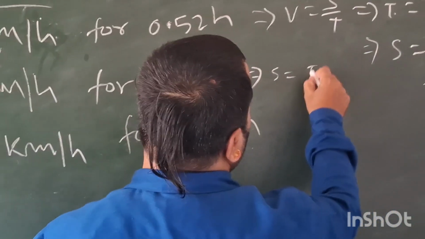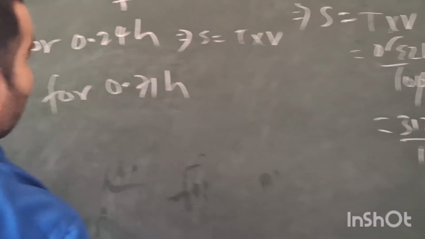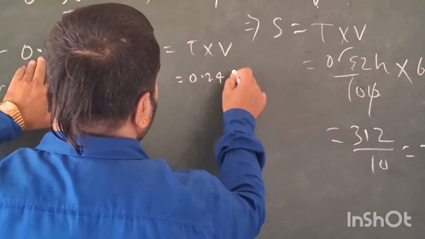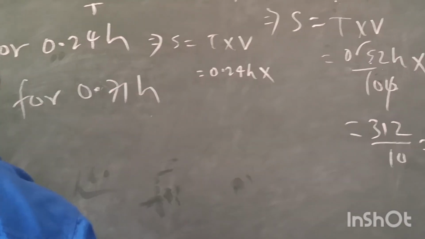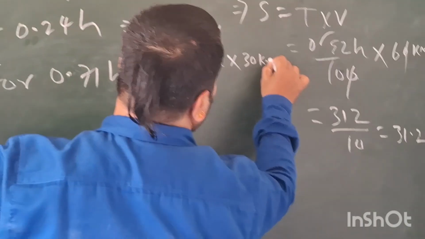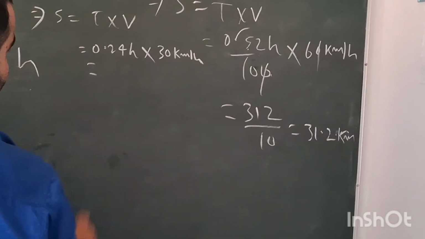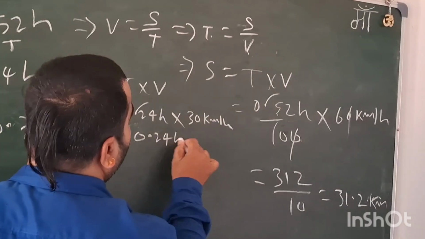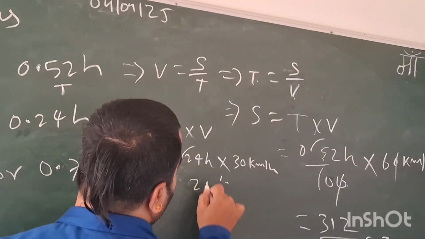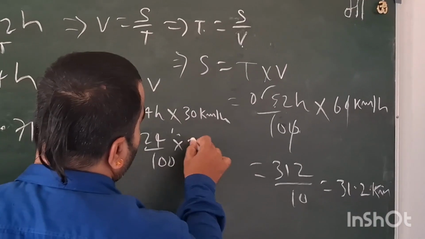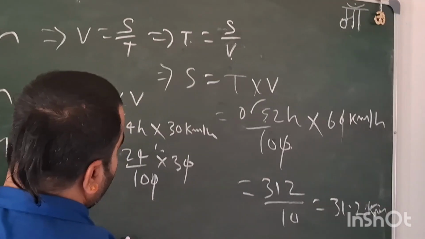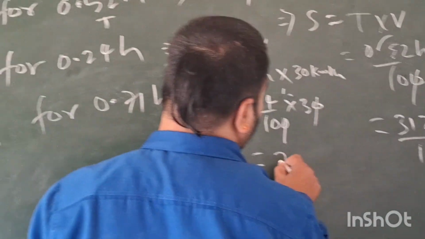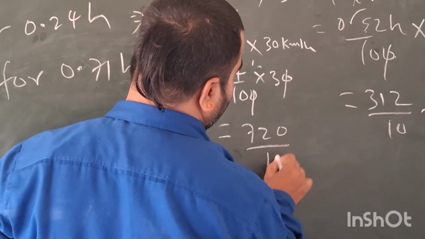Now in the second case, the same formula applies: S is equal to T into V, where T is 0.24 hour and V is 30 kilometer per hour. So it is 24 by 100 into 30. The zeros cancel out, and 3 times 24 is 72, divided by 10.